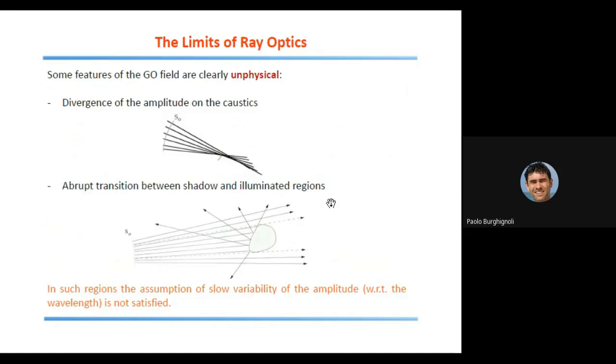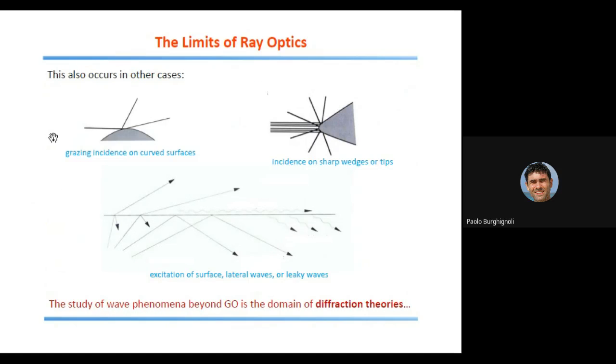Any solution of the field in a homogeneous region must be, and this can be shown rigorously, analytic, so it is a continuous function of space, whereas ray optics would by itself predict a discontinuity between shadow and light. Something similar occurs also when you have grazing incidence on curved surfaces, but also when you are impinging on sharp wedges or tips, that is, places where your surfaces exhibit an infinite local curvature radius.